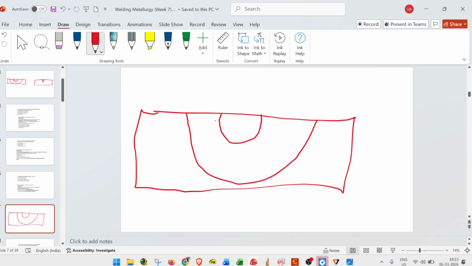Between the fusion zone and heat affected zone, if we draw a small line, this will be the partially melted zone.